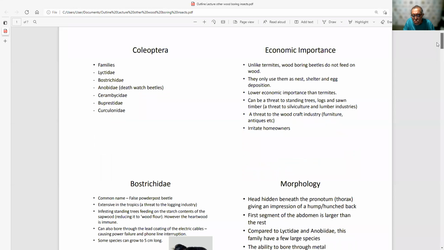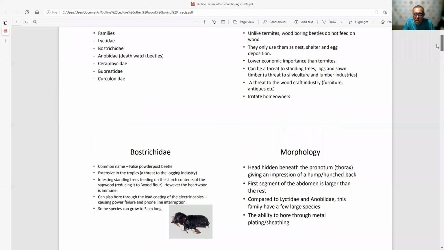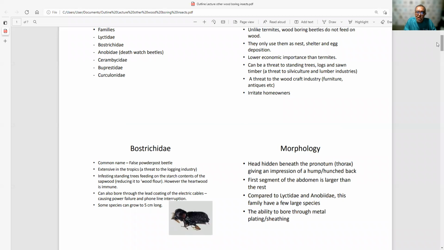and irritate homeowners. Of course pemilik rumah tentu akan terganggu apabila perabot-perabot mereka cacat akibat kesan-kesan tebukan daripada kumbang yang hanya dikesan setelah perabot tadi siap.